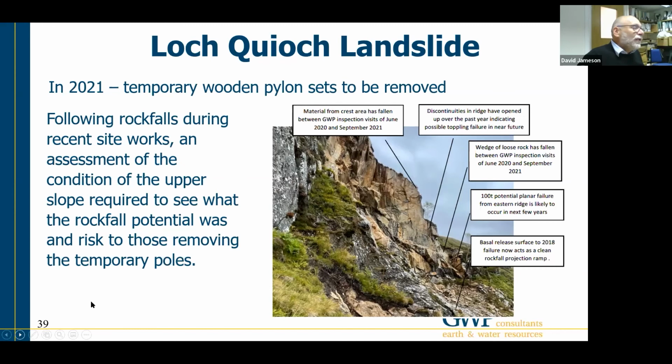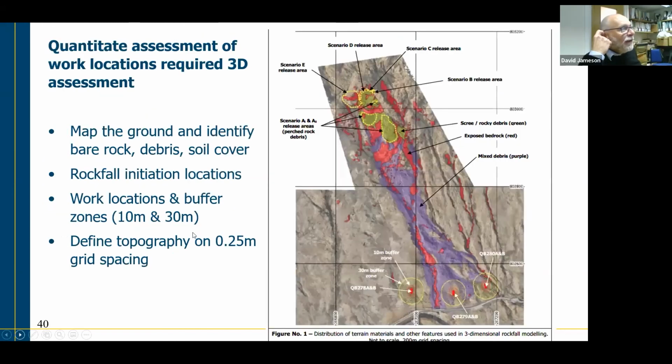So the thing to do was to map the general area, determine, first of all, what an accurate topography was, derived using UAV survey, and then map the area to look at the areas where different materials might be present on the slope. So the red areas are clean bedrock, the purple area, mixed debris from the previous failure.